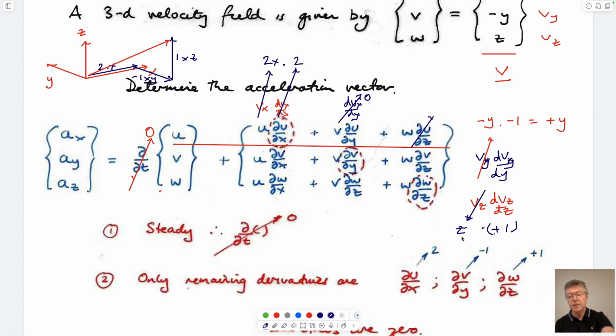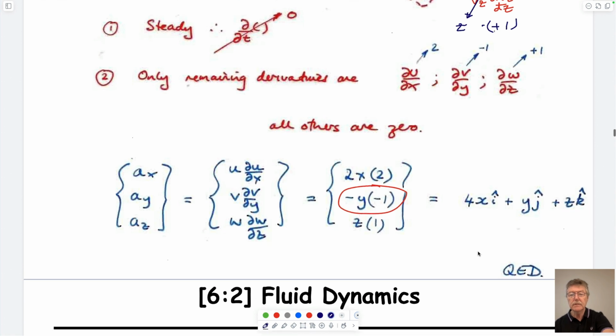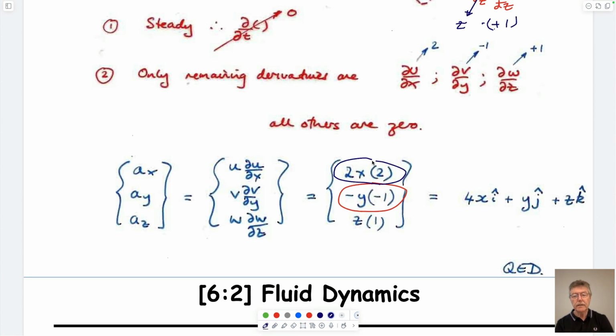And so this should be just z. So the numbers should be 4x, y, and z. Hopefully they are. 4x, y, and z. Just math. You never know what those vectors are, but that's what they mean.